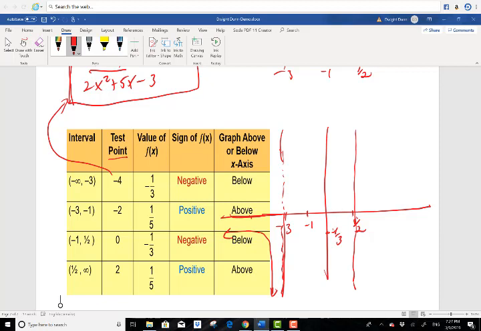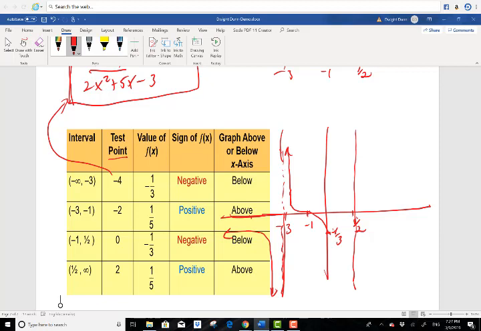Between negative 3 and negative 1, we realize that it's supposed to be above. So this is the asymptote. We know it's intersecting this. So it's going to be facing this asymptote like that, and it's going to be coming like this, going through this point, of course.